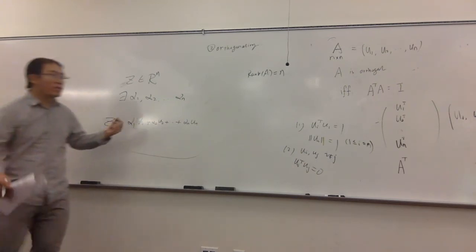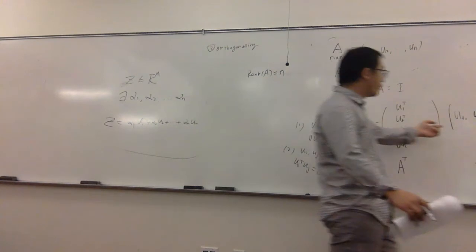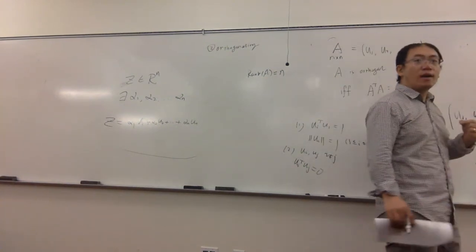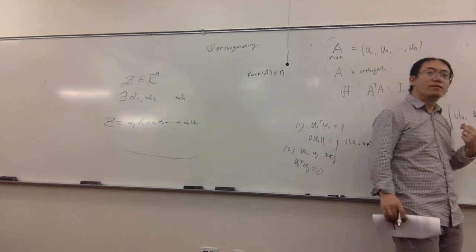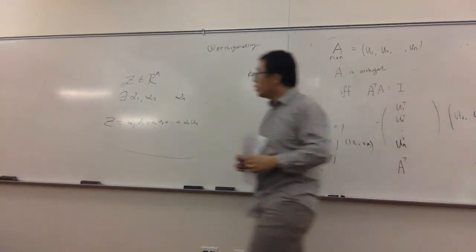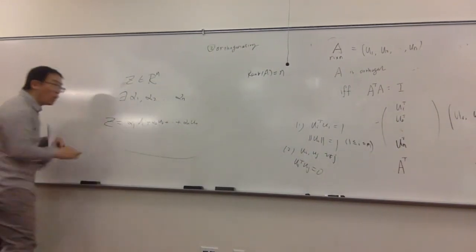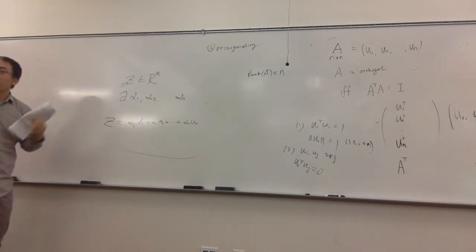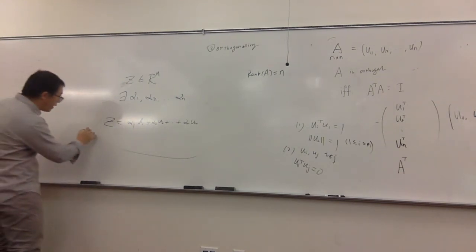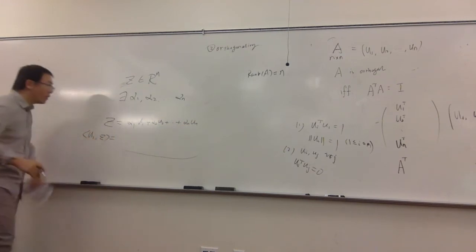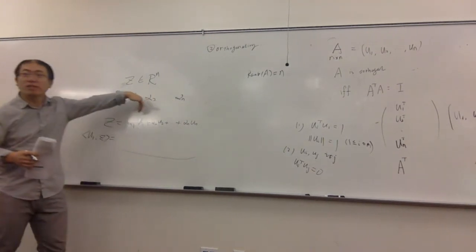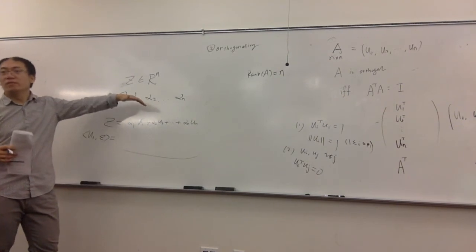Yeah. So let us consider the special properties of these n orthogonal vectors. We can try to do the inner product between u1 and z. Let's see what we can find. If we do the inner product between u1 and z, according to this linear combination, it is equal to what?